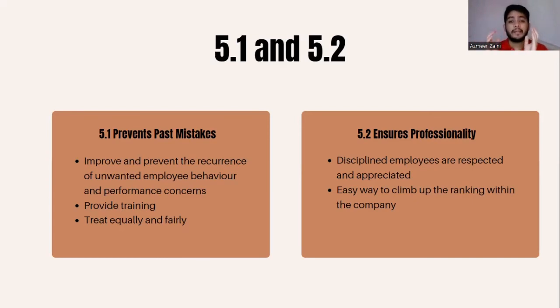So this has to be done with fairness and equality so that it also establishes a line of trust. If there's a line of trust, there's a good sense of professionalism, where the employees will feel like they've been treated as adults instead of like children who have to be supervised every single time. Now, let's move on to 5.2.